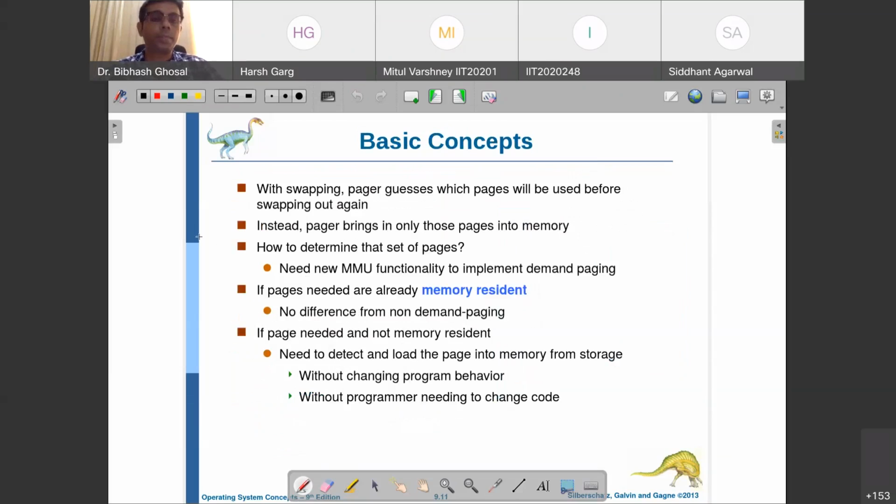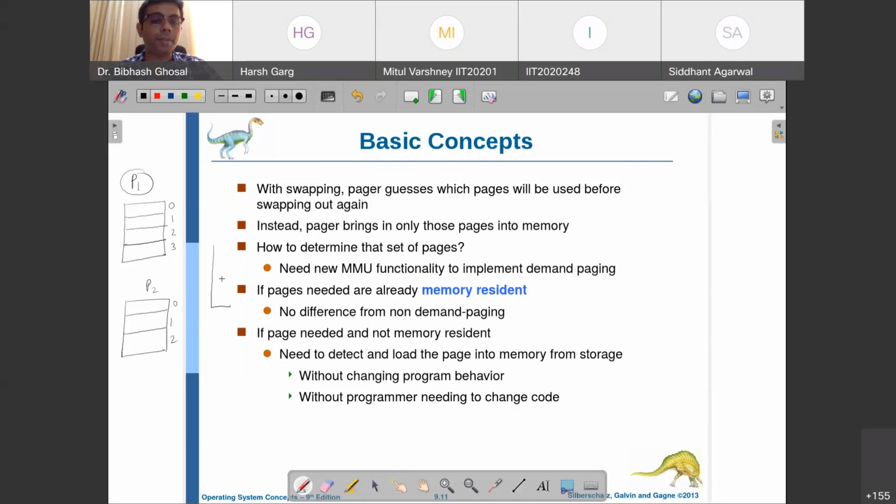Suppose a process P1 is currently executed. To completely execute process P1, you require 4 pages, page number 0, 1, 2, 3. There is another process P2 which requires 3 pages, 0, 1, 2.